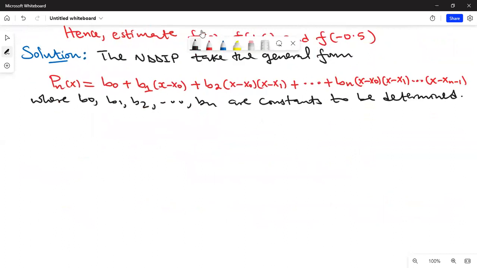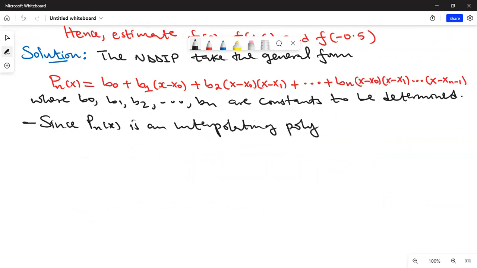So you can write, since Pn of x is an interpolating polynomial, since it is an interpolating polynomial, it must satisfy these conditions.